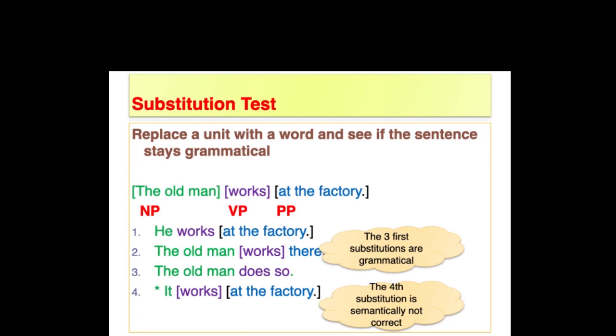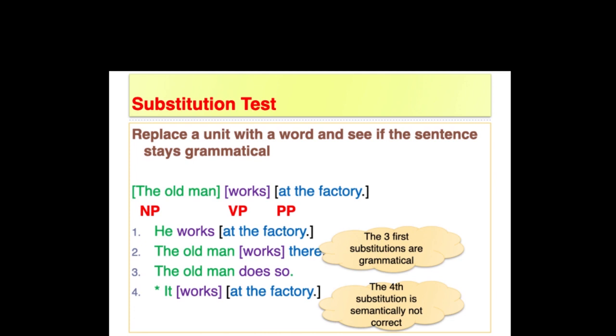The old man does so, which means that in the VP, it includes the V and the PP. So that's why even if we have deleted both with the substitution does so, the sentence stays correct and grammatical. Now, how about the fourth substitution test?